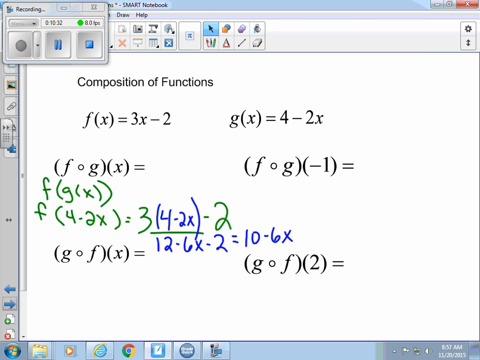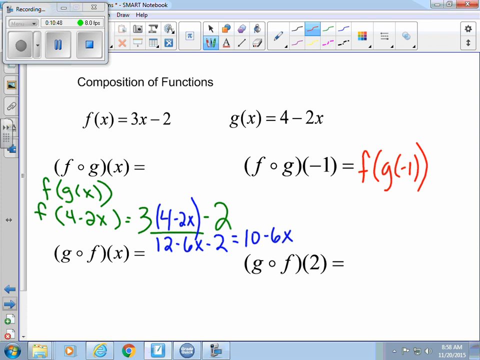F of g of -1. First of all, what's my first step always? Rewrite it. F of g of -1. I'm going to work from the inside out. So I'm going to find g of -1 first.